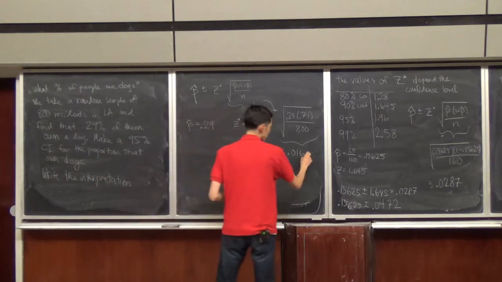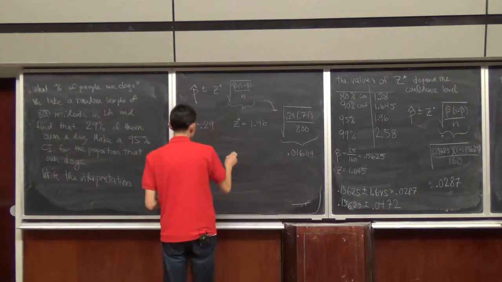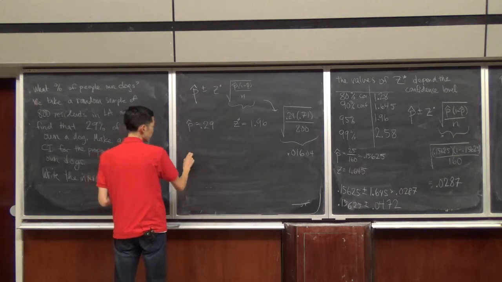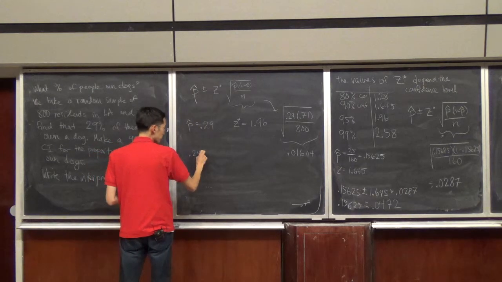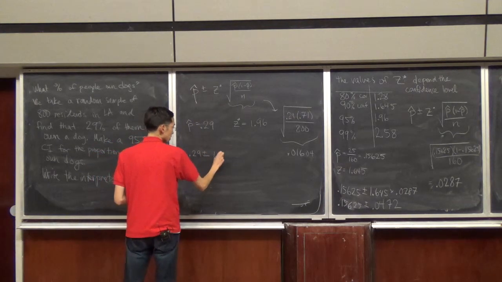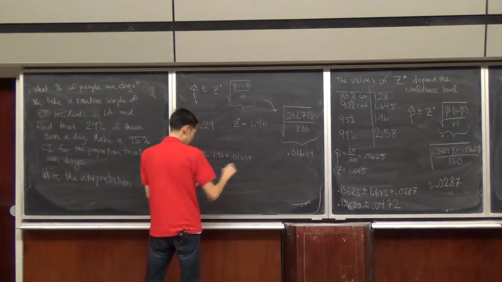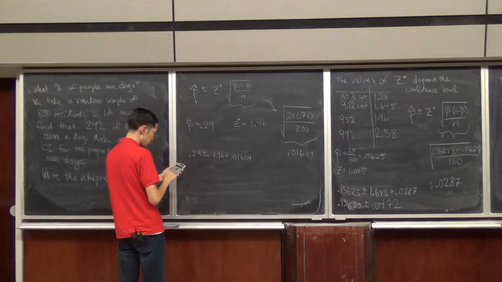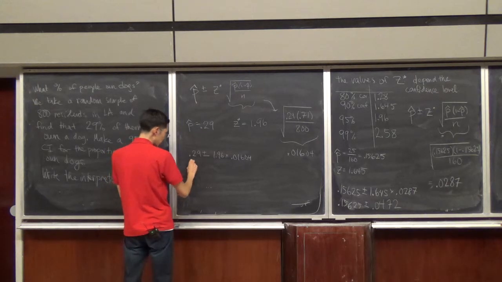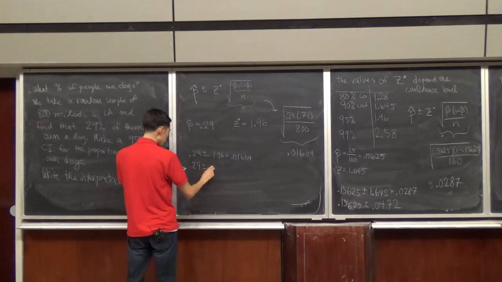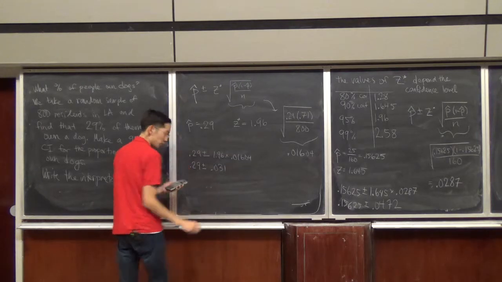Okay, but whatever. So when I combine all of this, I have 0.29 plus or minus 1.96 times 0.01604. I multiply that by 1.96, and I get 0.29 plus or minus 0.031.